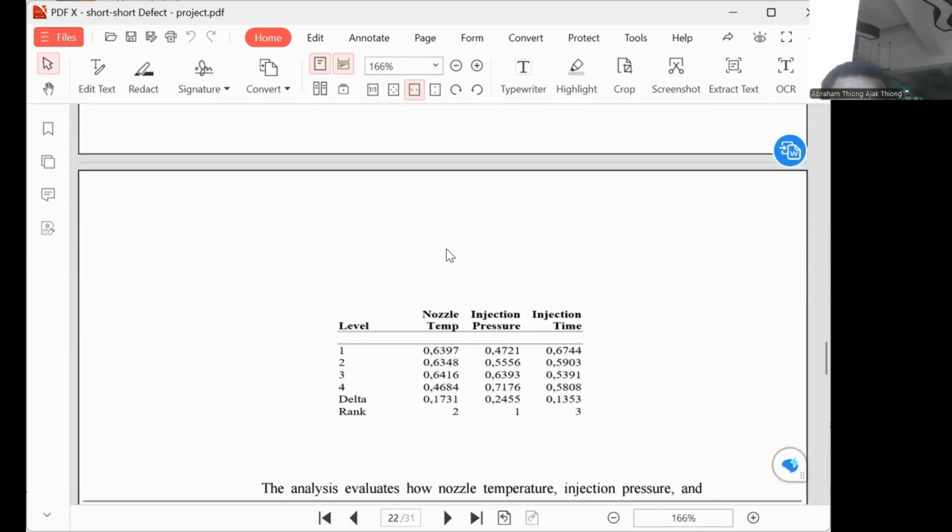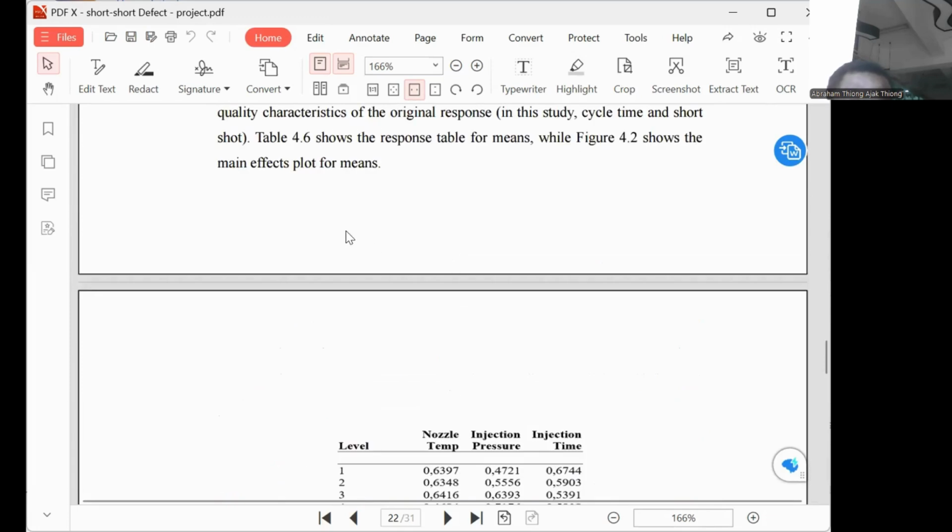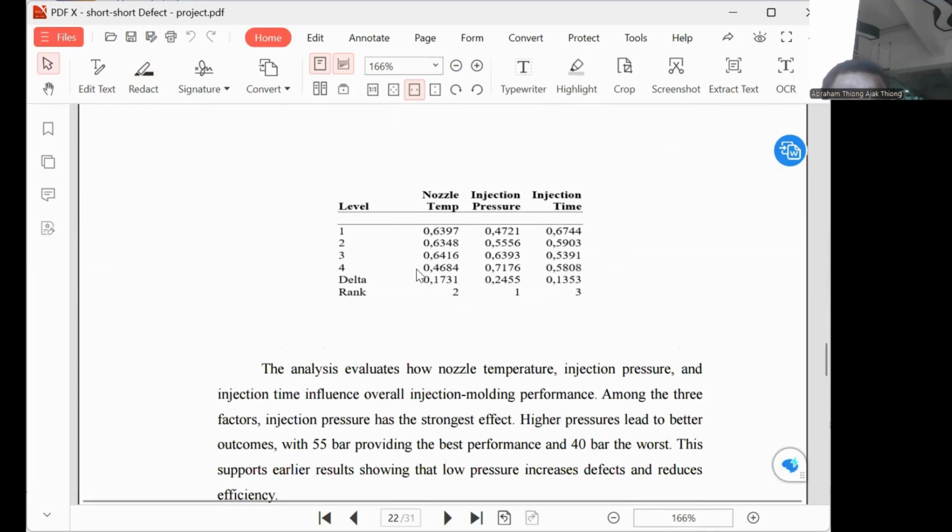So in what has been shown in this main effect plot, the most influential factor is injection pressure.